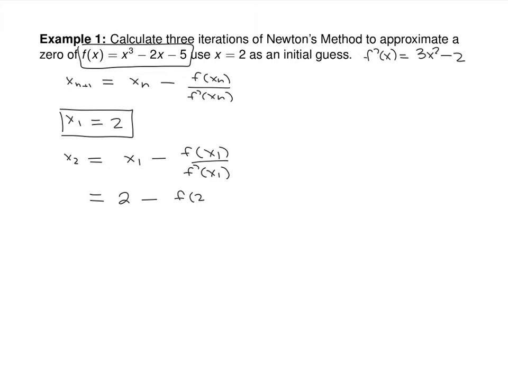Minus f of 2 over f prime of 2, right? So that'll be 2 minus (2 cubed minus 2 times 2 minus 5) divided by (3 times 2 squared minus 2). Do that and see if you can get the same answer as me. It should be a nice answer, actually.